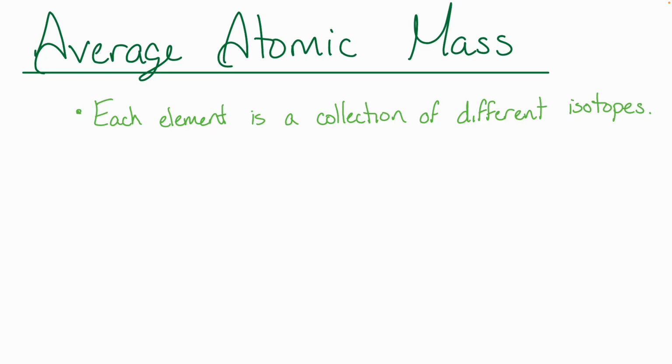We don't have any pre-notion of how many isotopes there are. Like maximally there's a handful, and they tend to be much fewer, as smaller elements have fewer isotopes than larger elements. All right, but regardless, they're all a collection of different isotopes, and each isotope has a different mass.